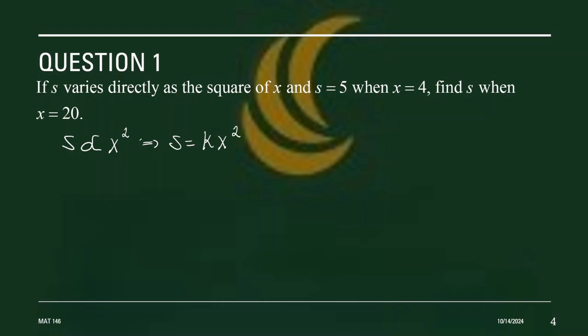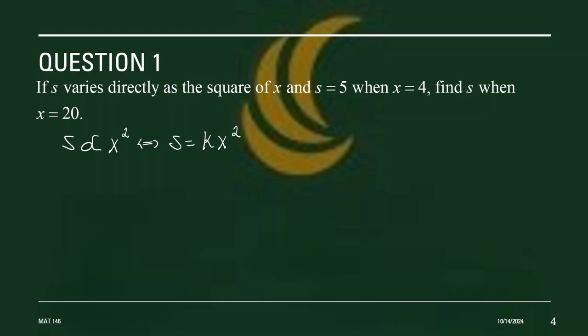And this is technically an if and only if. They mean the exact same thing. So if s is a constant times x squared, you can say that it is proportional to x squared. We have to find that constant of proportionality, which generally requires you to do experimentation.